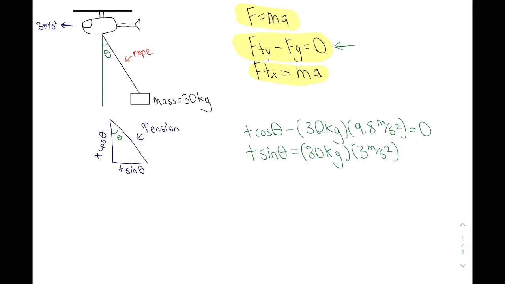And doing these will give us T cosine theta equaling 294.3 newtons, considering we move this to the other side, making it positive, as well as T sine theta equaling 90 newtons.